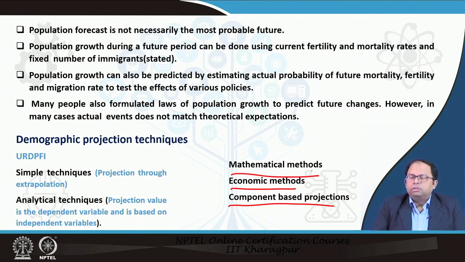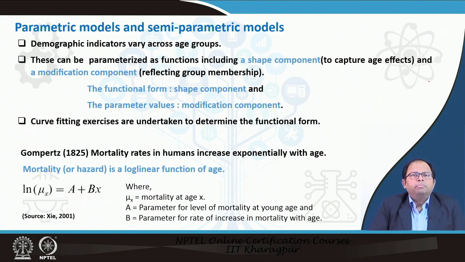But before we go into projecting population, there are many other parameters like mortality and fertility which also need to be projected, and for that we can develop parametric models or semi-parametric models. As we know, demographic indicators vary across different age groups. This can be determined using these parametric models, showing how a demographic indicator like mortality or fertility varies between the different age groups.